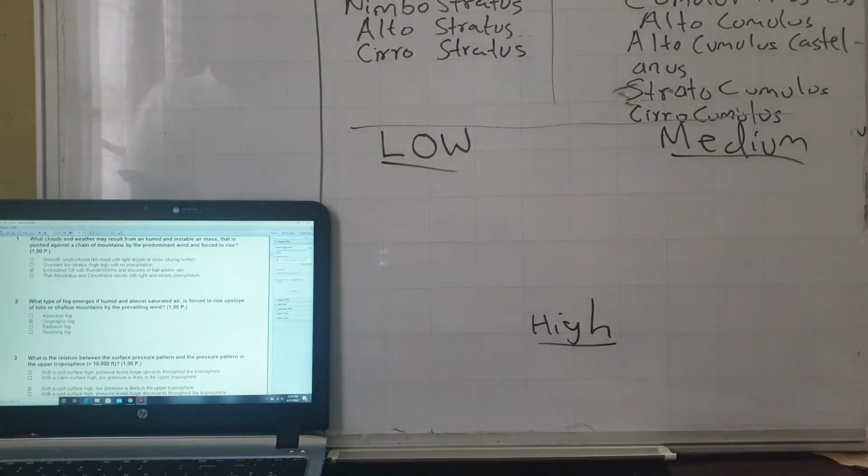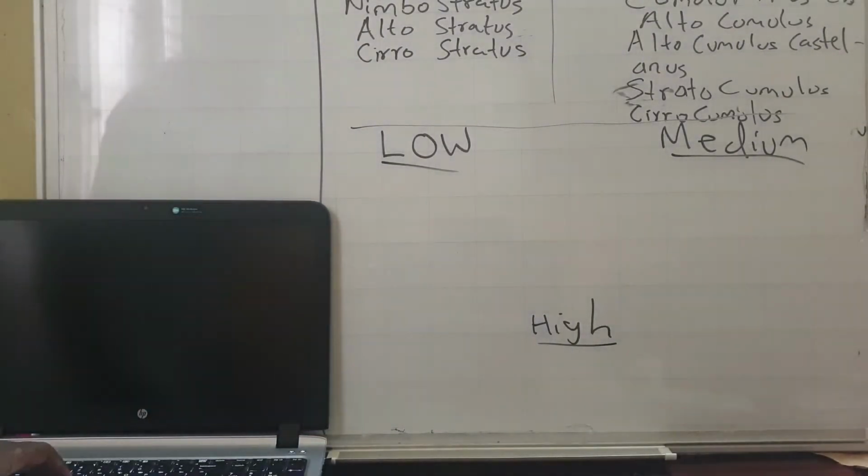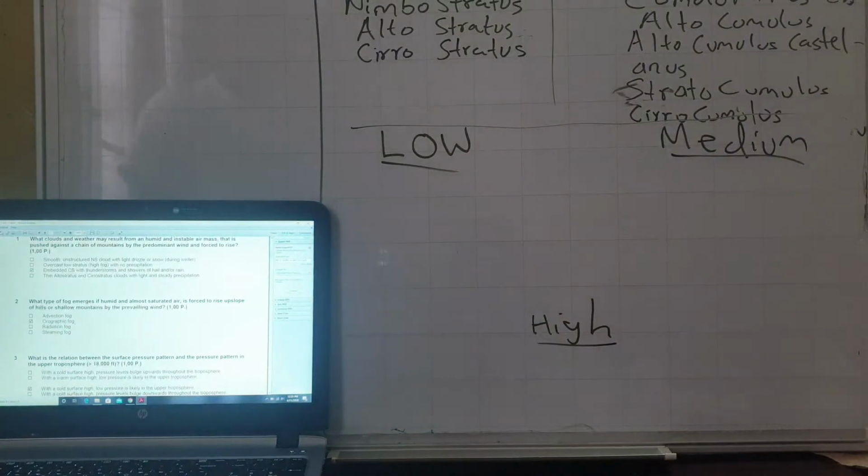So the low clouds, obviously, are the ones that we experience down here. Which ones are they?